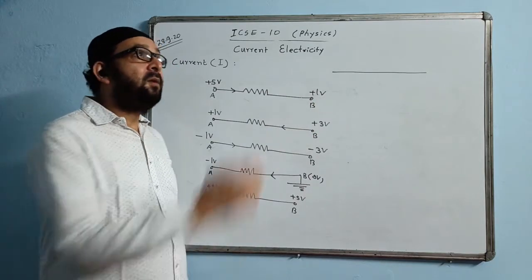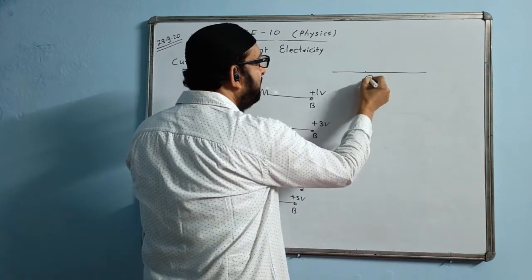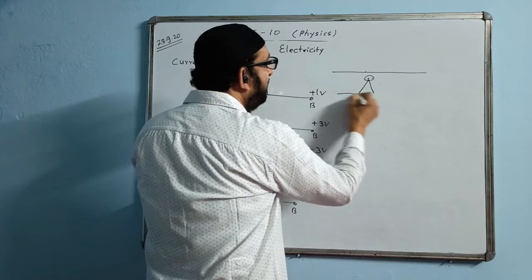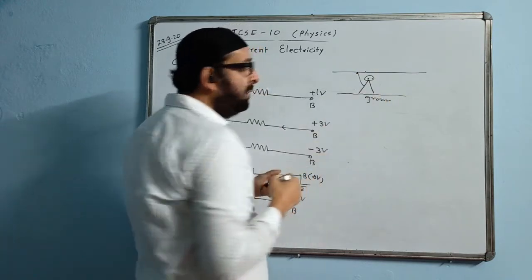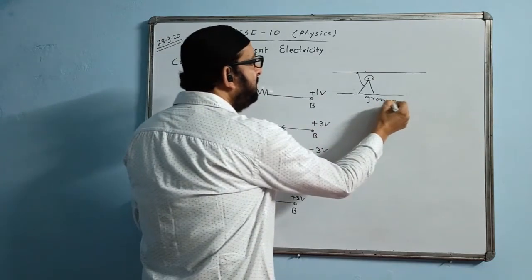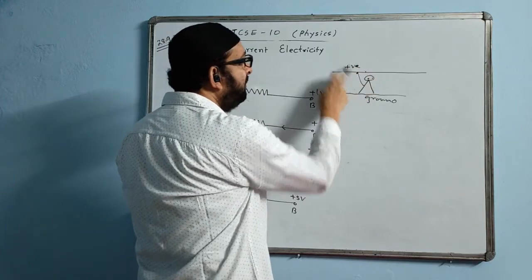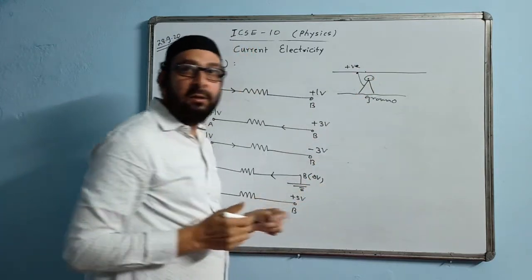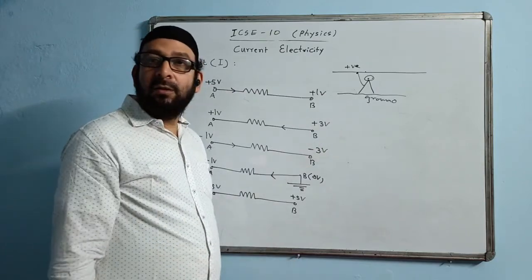But when you touch the wire, that means you are connected with the ground. Ground potential is 0 and this wire is having some potential, maybe a positive value. So between these two there is a difference in potential. When we touch, we are always in touch with the ground.